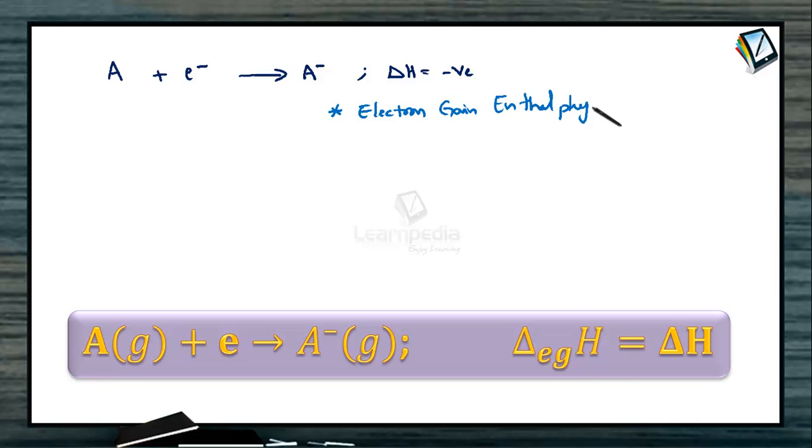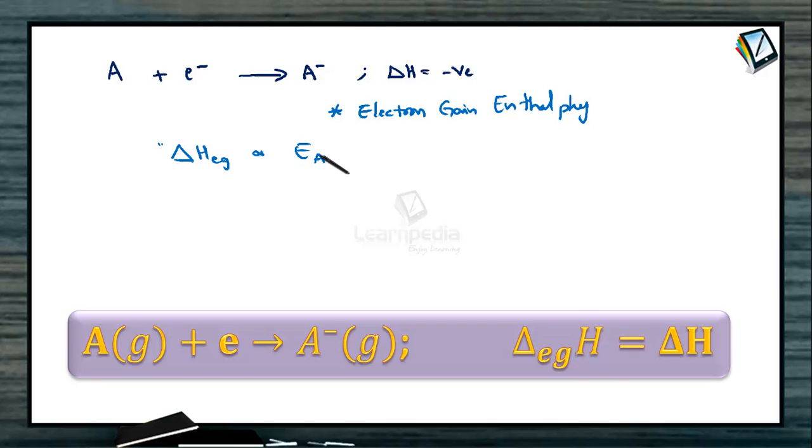The electron gain enthalpy is the energy change that occurs for the process of adding an electron to a gaseous isolated atom to convert it into a negative ion, or to form a monovalent anion. Generally, this is indicated with delta H e g, or you can write it as E A, electron gain enthalpy.